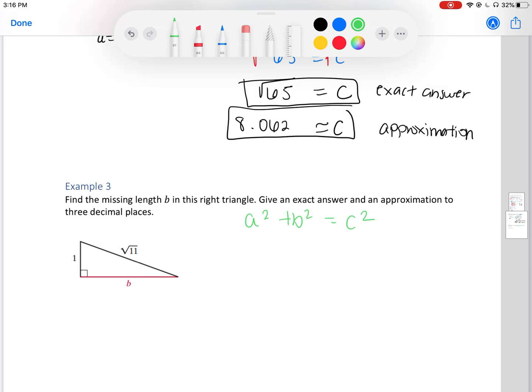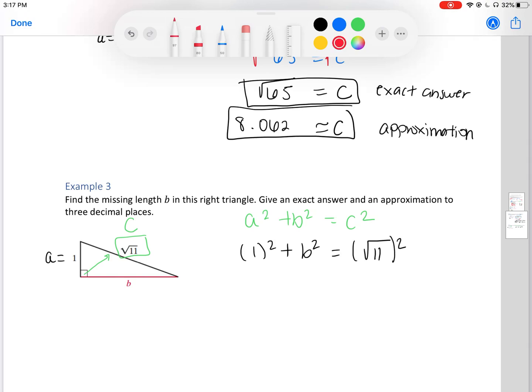The only one we have to be very careful about is the hypotenuse, which is always across from 90 degrees. That's your c. So let's fill out our pieces. We have a b, so this must be our a. I have 1 squared plus b squared is equal to the square root of 11 squared.